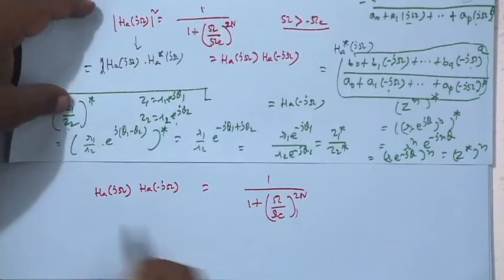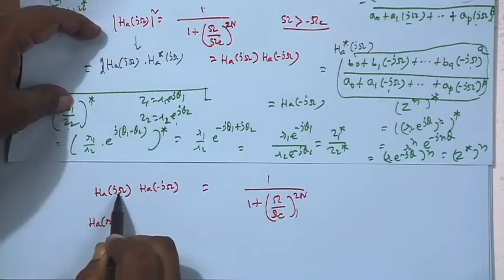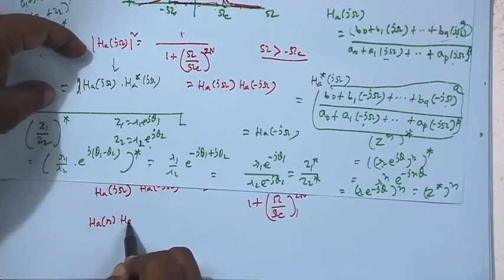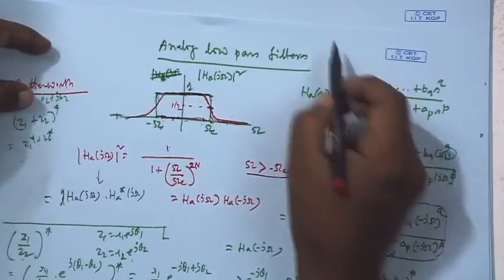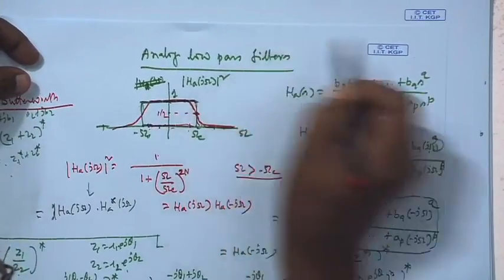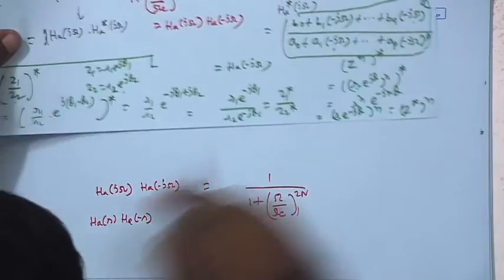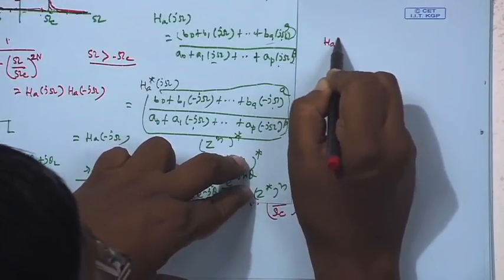But this I can also write as, see, h a j omega is nothing but h a s with s replaced by j omega, and h a minus j omega is again h a of minus s. If I put minus s everywhere, it is not complete yet. So, let me write h a minus s.